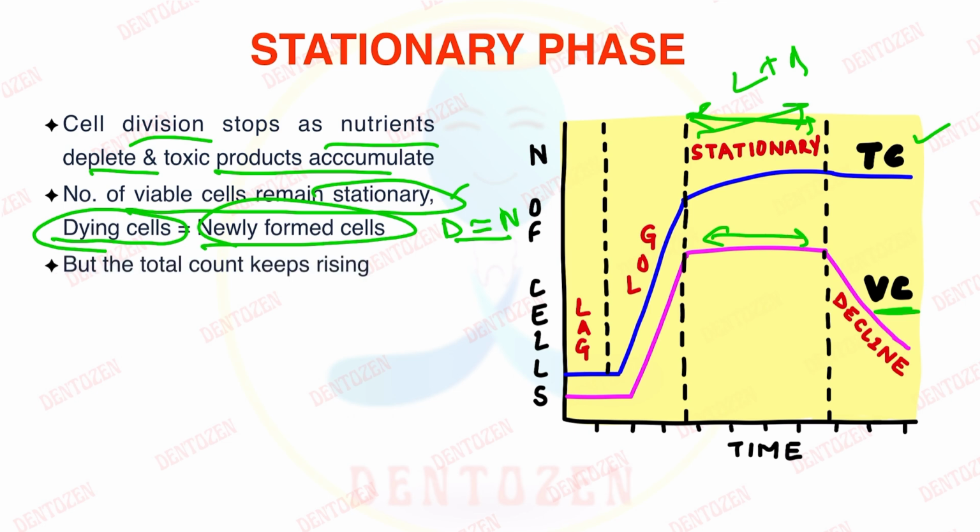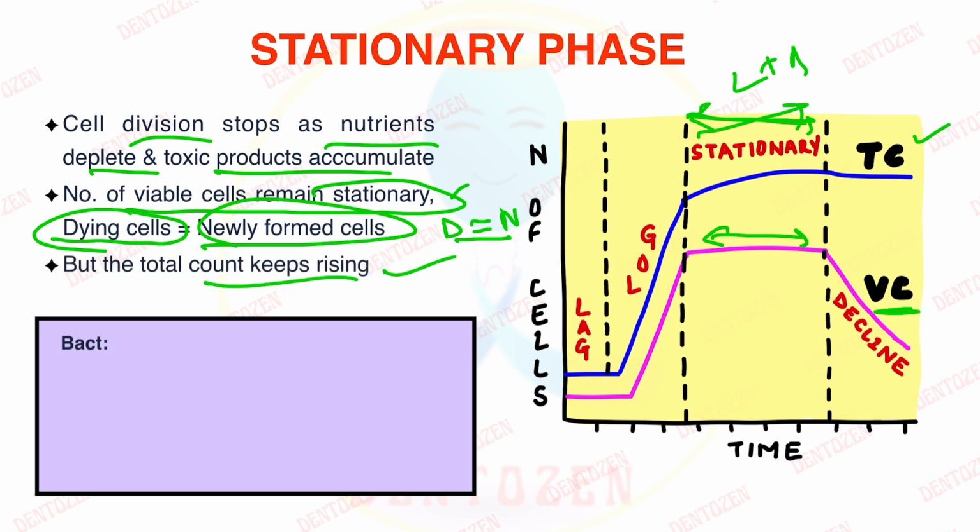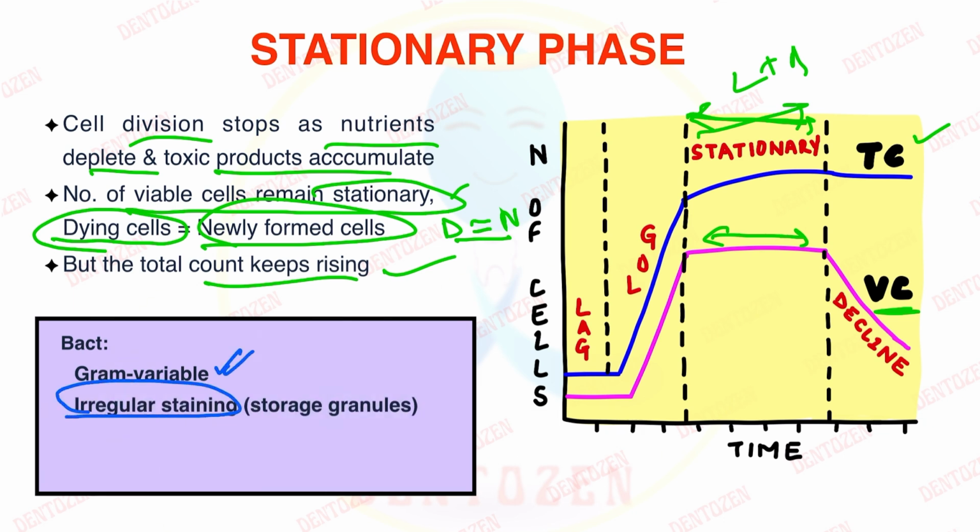Now, important things that you have to remember for this phase: bacteria are gram variable. They can show variable gram staining. They can show irregular staining. Why? Because in this phase, nutrient depletion is there, so bacteria start to form storage granules, as we discussed. So they can form inclusions within the cytoplasm. So we can say S for storage within the stationary phase. Also, because bacteria are under nutrient depletion, they want to protect themselves.